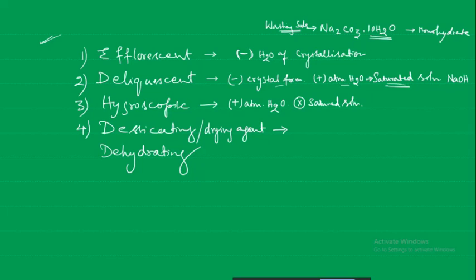Hygroscopic substances absorb atmospheric moisture to form a solution, whereas the drying agent absorbs moisture from other substances. Here I think a little more clarity is required. It will not form a saturated solution or an unsaturated solution. It won't form a solution at all. So it is better for me to remove the word saturated altogether and just write solution. It will not form a solution.